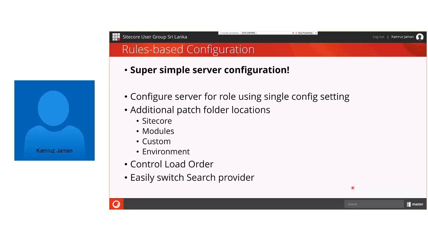You can also control load orders. So before, things would only load alphabetically by config file and then alphabetically by folder. You can now control exactly which order things are loaded in, and you can also easily switch search provider just as easily as you can configure a server.